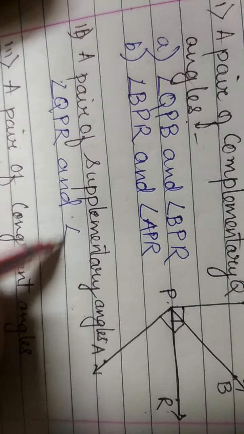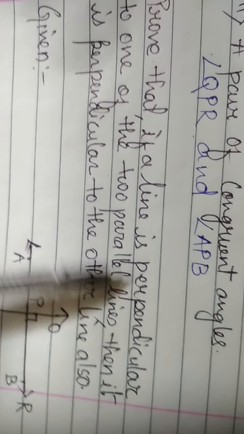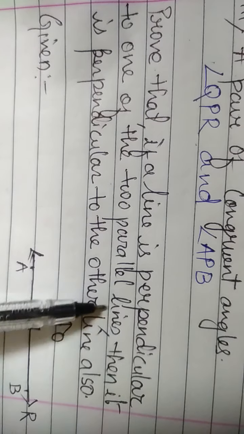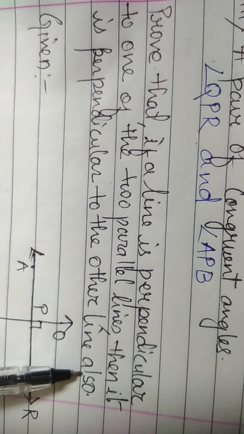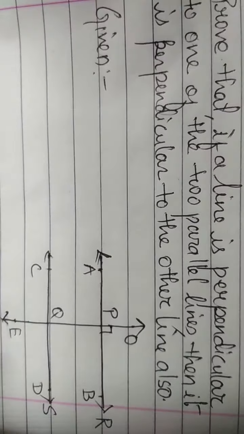Now the third question: prove that if a line is perpendicular to one of two parallel lines, then it is perpendicular to the other line also. According to the question, the diagram will be like this.